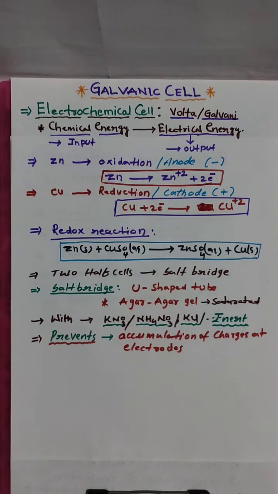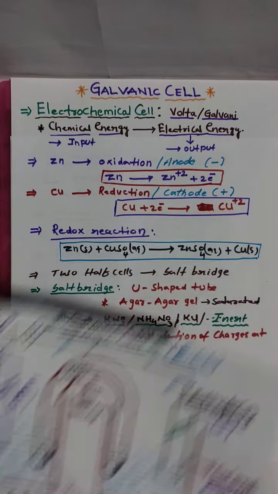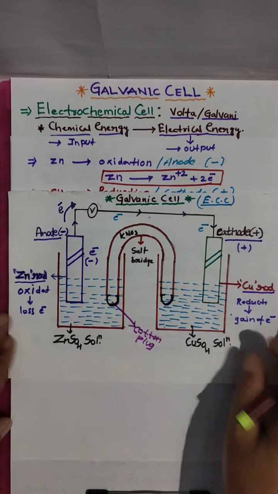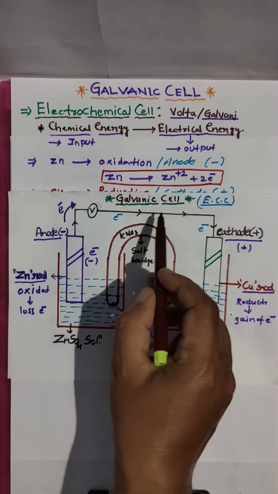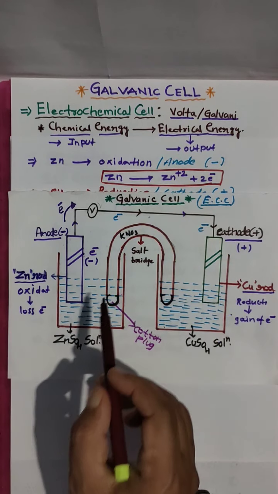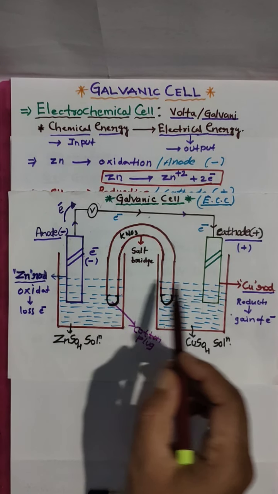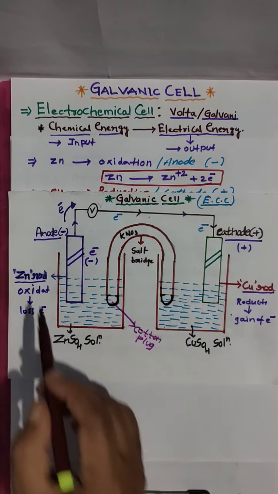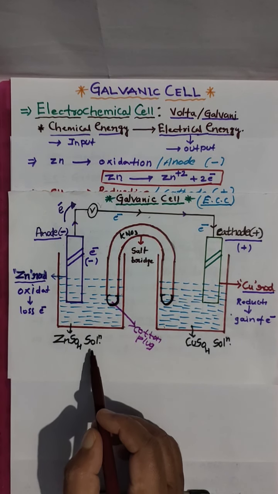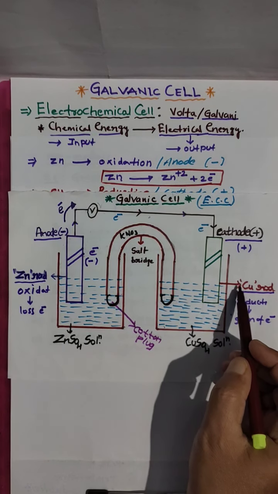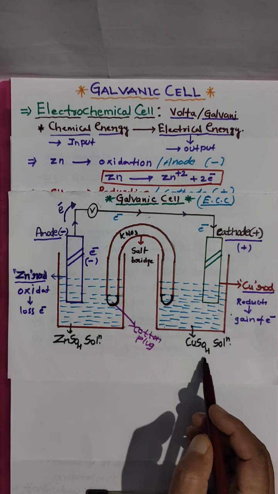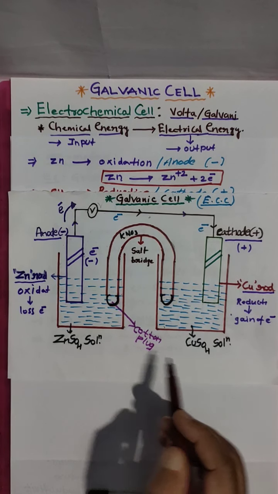This is about the galvanic cell. A galvanic cell is an electrochemical cell in which chemical energy is converted into electrical energy. A zinc rod is dipped in zinc sulfate solution, and a copper rod is dipped in copper sulfate solution.